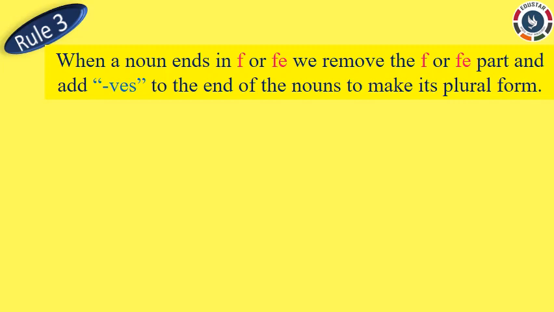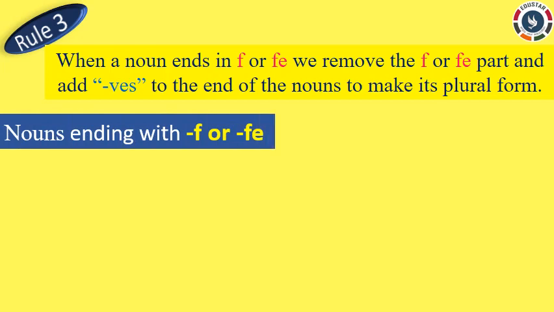Rule 3. When a noun ends with f or fe, we remove the f or fe part and add ves to the end of the noun to make its plural form. So, let us see the words ending with f and fe. Calf, half, life, knife.